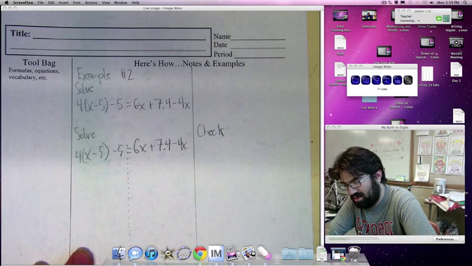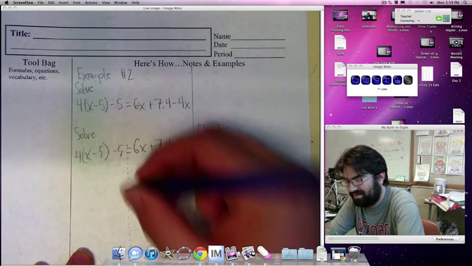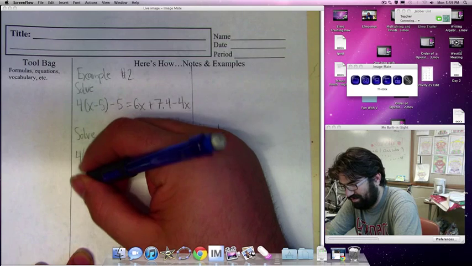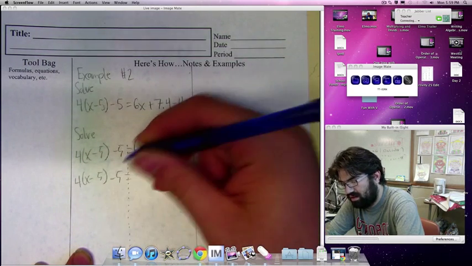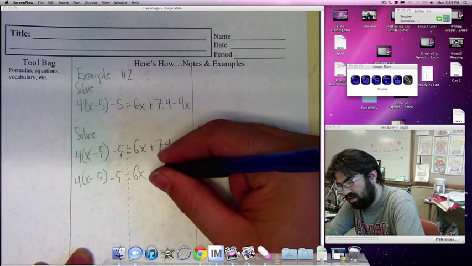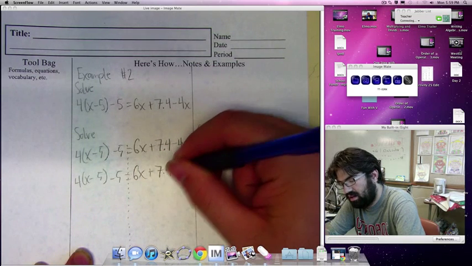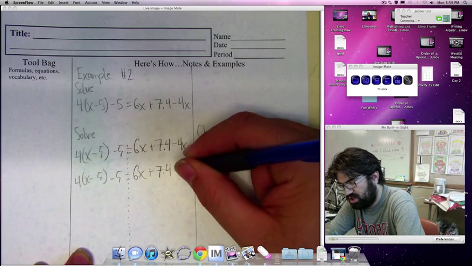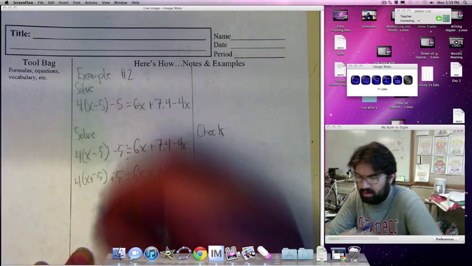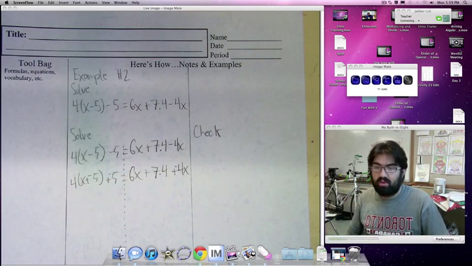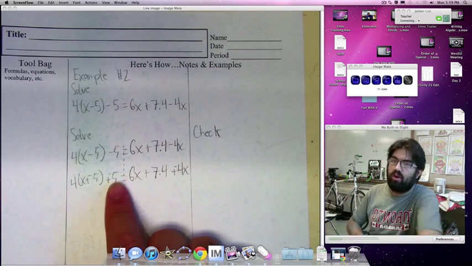Just because I know it's going to be a long problem, we're going all the way down. I'm going to rewrite, and change that plus into a minus, that minus into a plus, and so on. Because now if you look, negative 5 and negative 5 don't make 0.